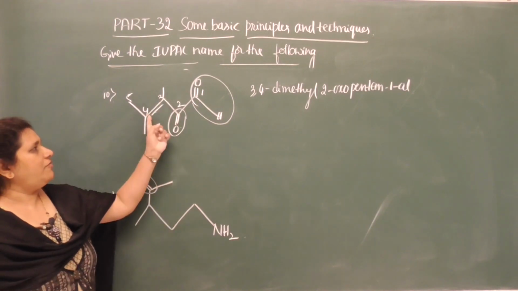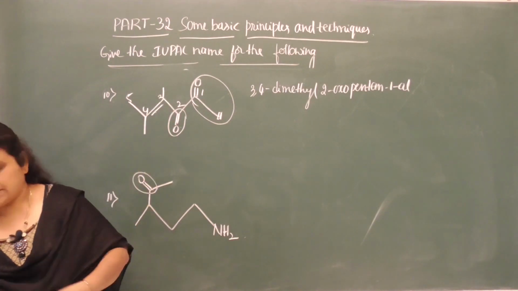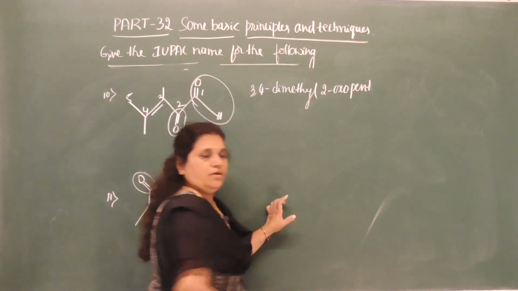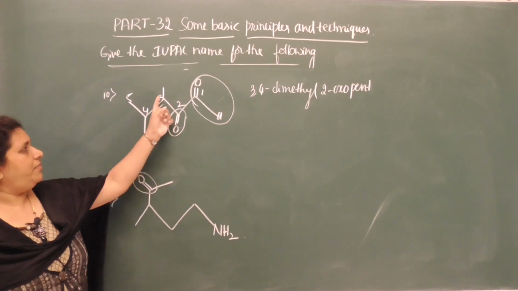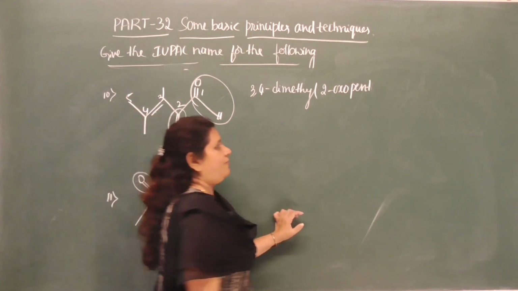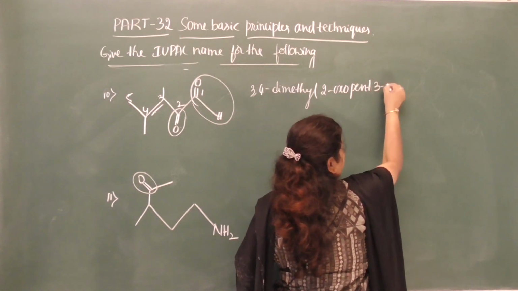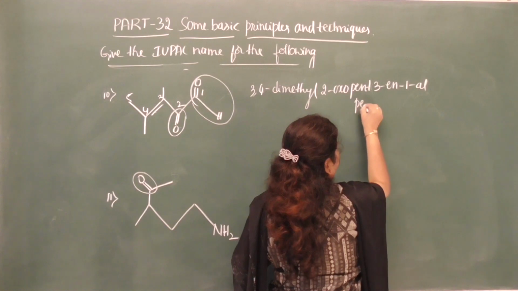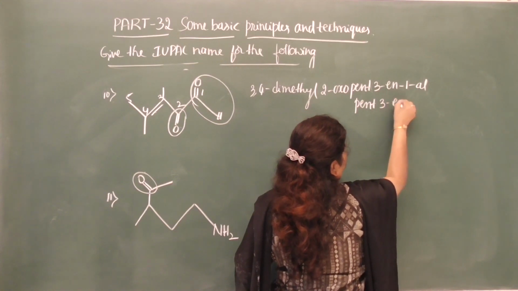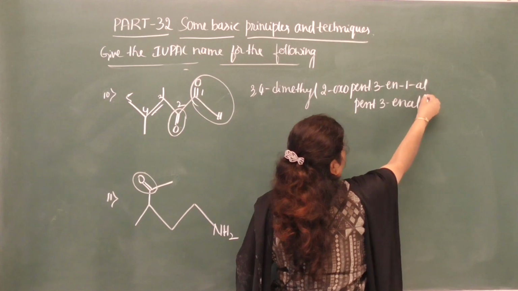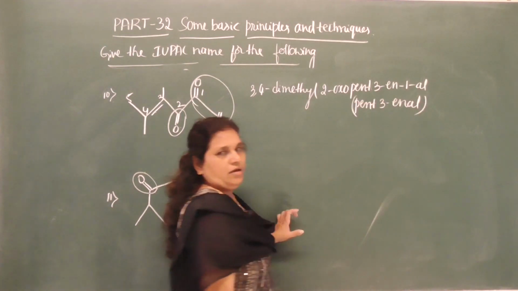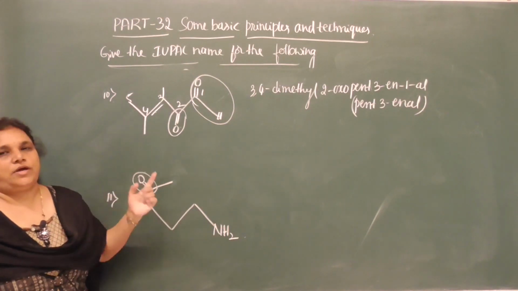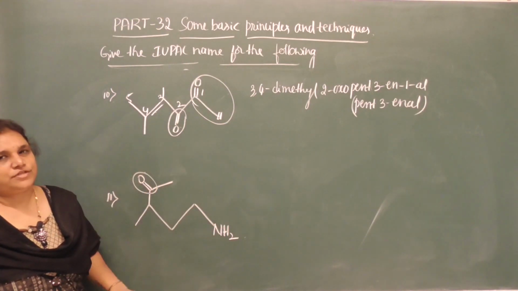So 3,4-dimethyl, sorry, it is pentene. The secondary suffix we need to give. A double bond is also there between the third and fourth carbon. Therefore, pent-3-en-1-al, or you can write it as pent-3-enal. I took oxo instead of keto as a prefix for the ketone functional group.